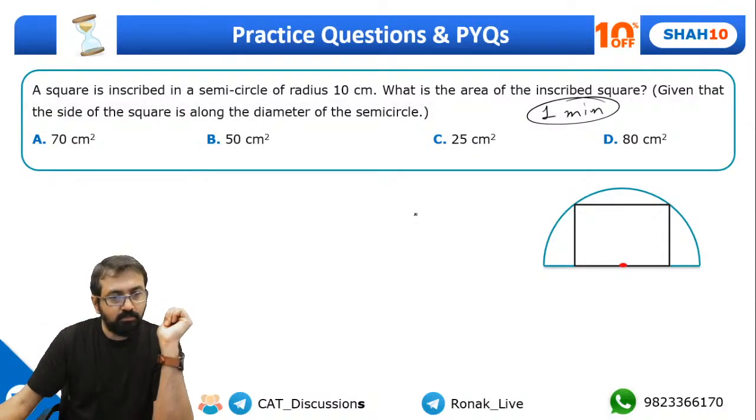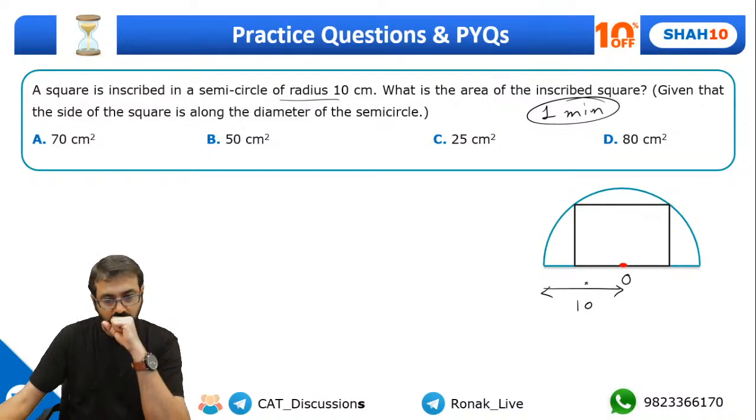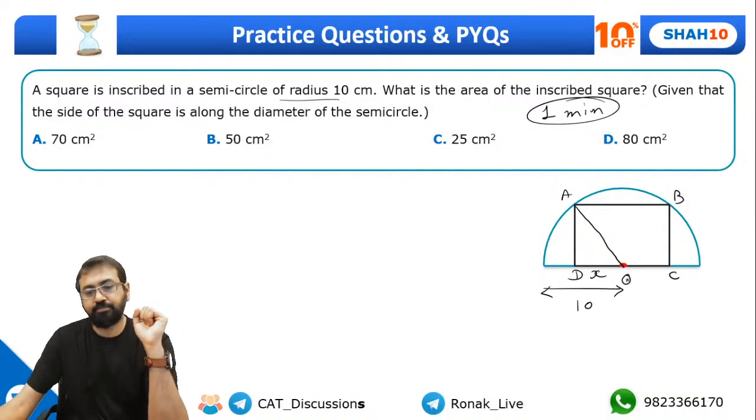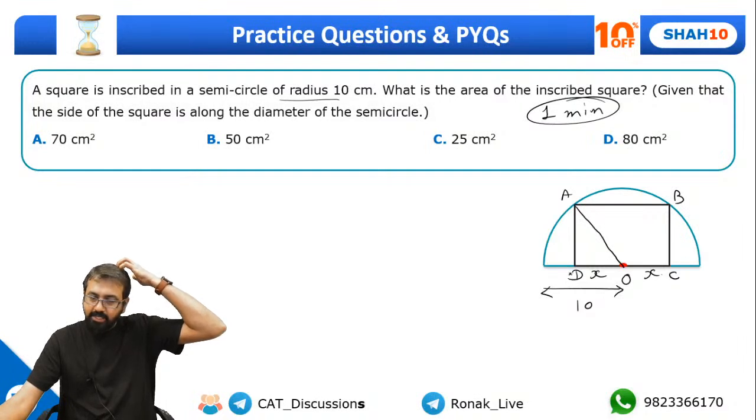So, semicircle of radius 10 centimeter. Let's take this point O. So this complete thing is 10. If you want, you can take that as X. Connect it over here, A, B, C, D. So this should also be X, right?